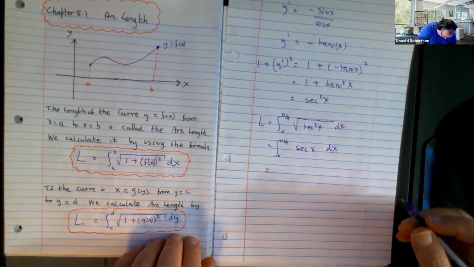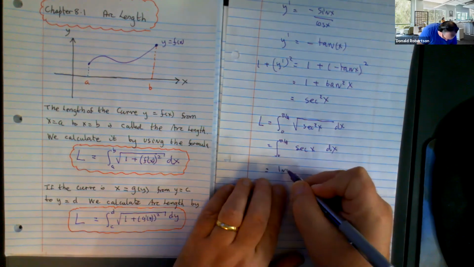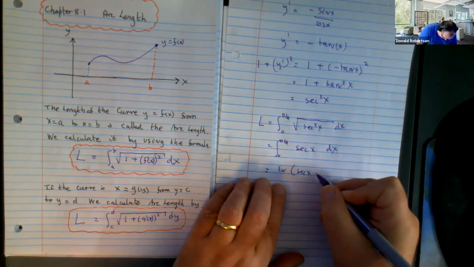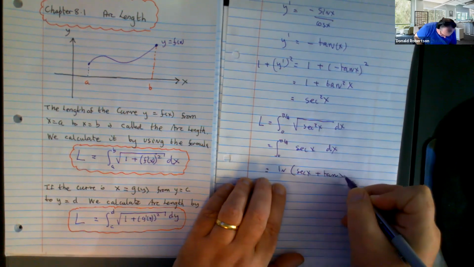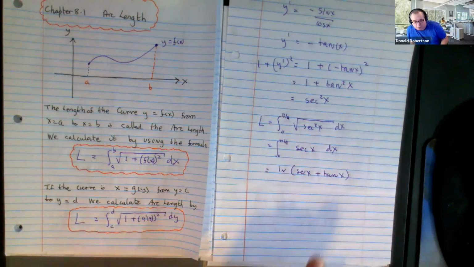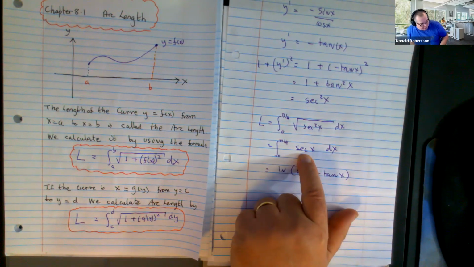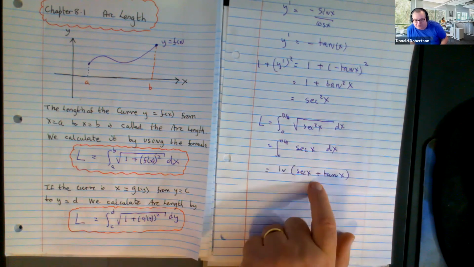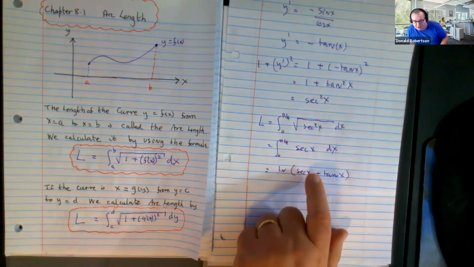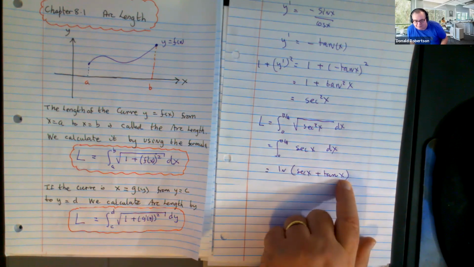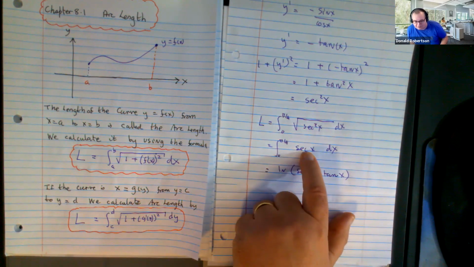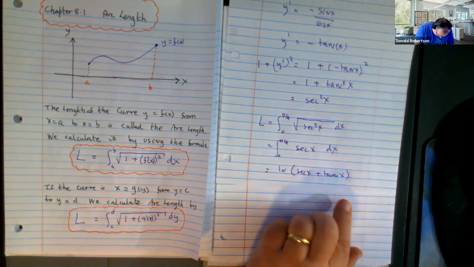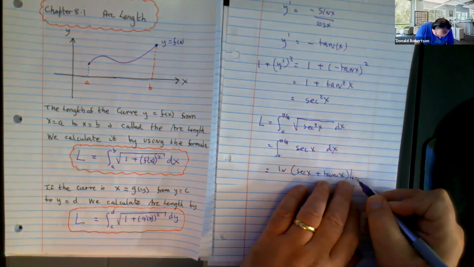So let me tell you who he is. You might want to check this because it's so long since I've done a secant, but I believe this is it, right? And so the integral of a secant is this guy, and you evaluate it at 0 and at pi over 4.